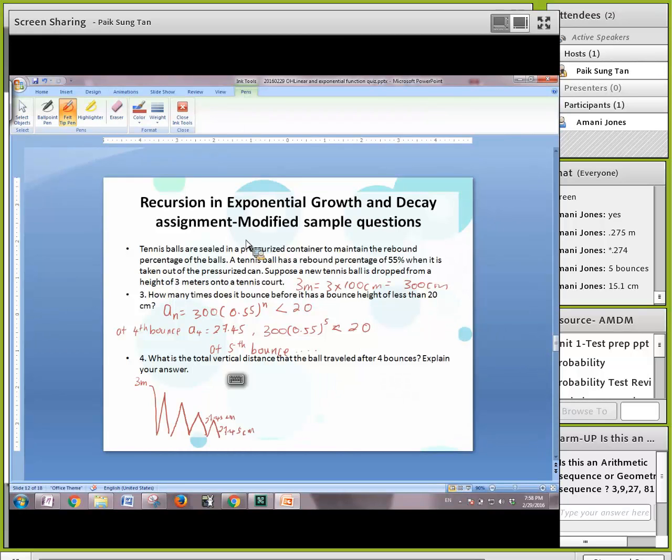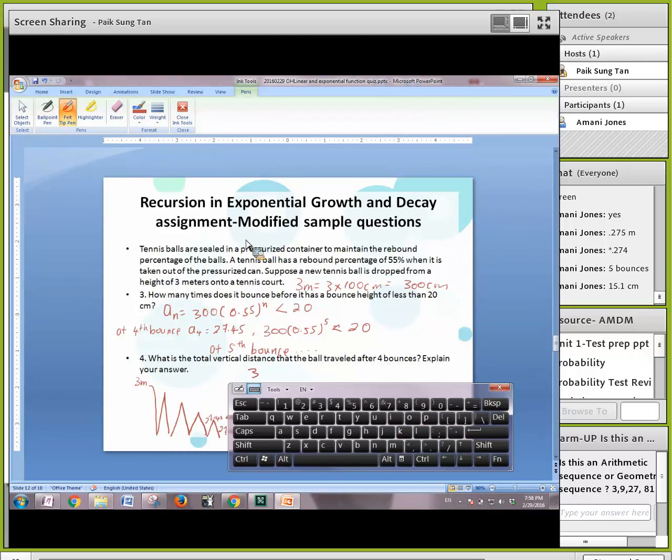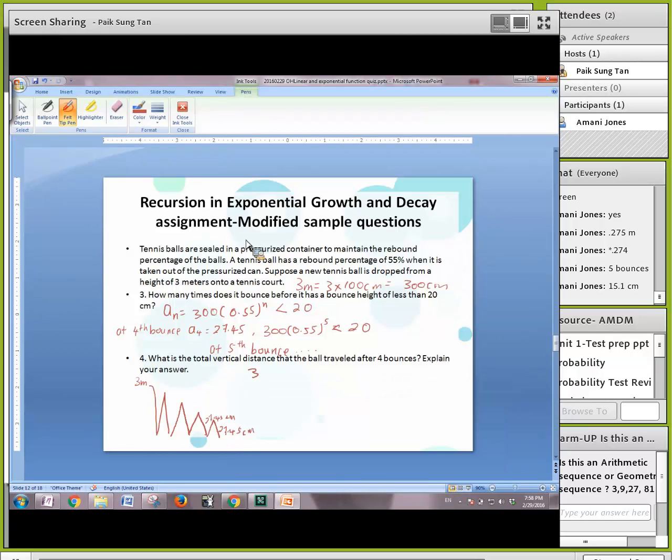So you need to add your initial height plus 2 times a sub 1, plus 2 times a sub 2, plus 2 times a sub 3, plus 2 times a sub 4 to get the total number. Okay, I set it up for you. That's how you should do it, right?